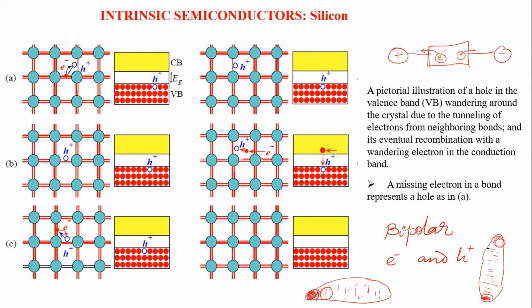The same analogy you can take here. The movement of an electron from one bond to another gives a feeling like the hole is moving from one place to another. This mechanism we call the hopping mechanism, the migration of an electron from one bond to another.